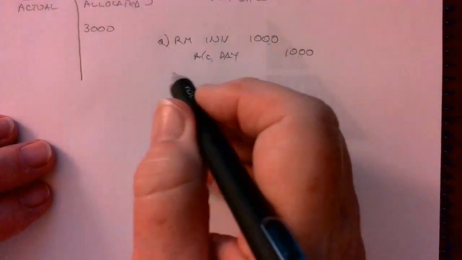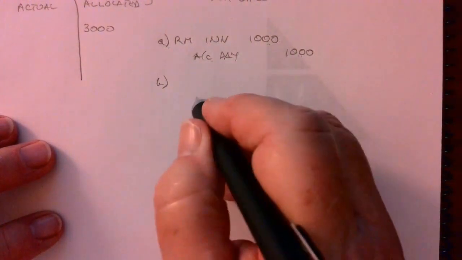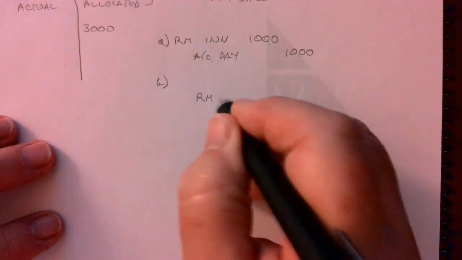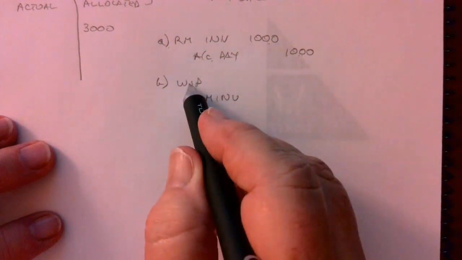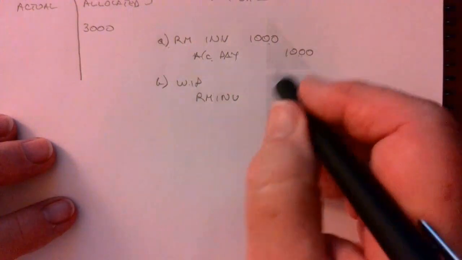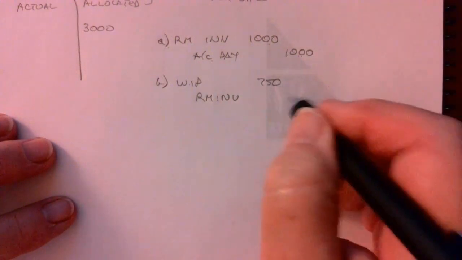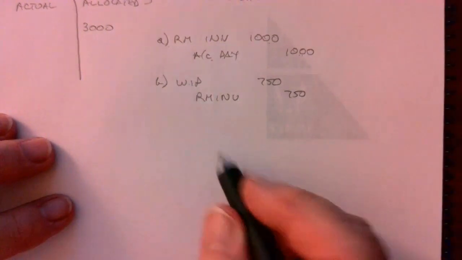Okay? And for the next one is going to be work in process. Goods come out of raw material inventory and move into work in process. So I'm going to increase work in process inventory and decrease raw material inventory. And that was for $750. Okay. Then we pay salaries.